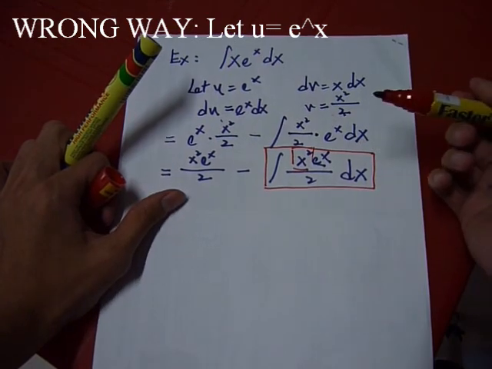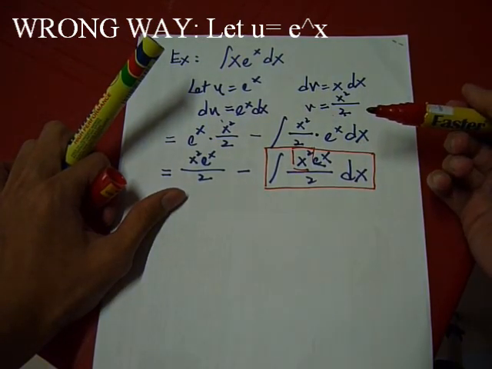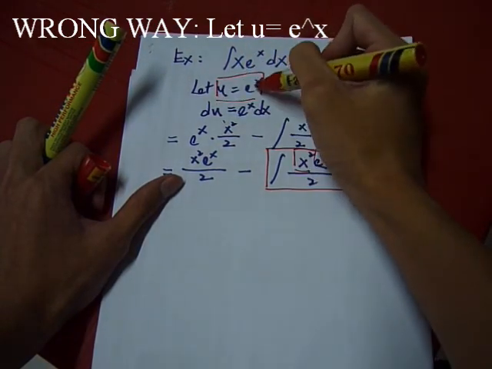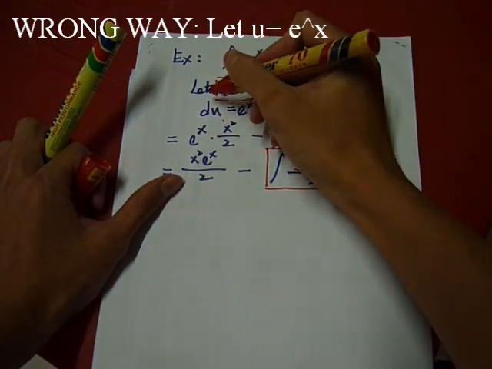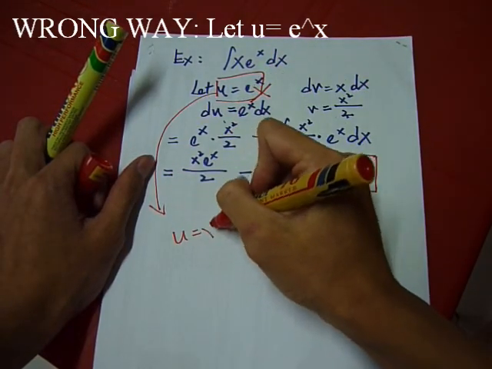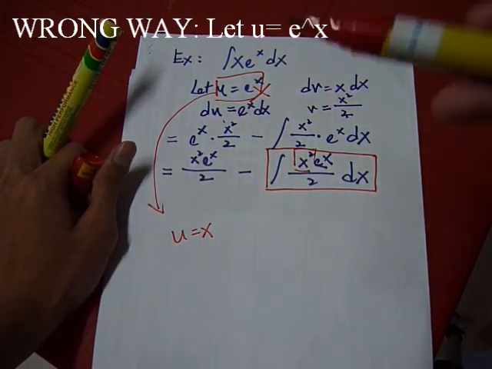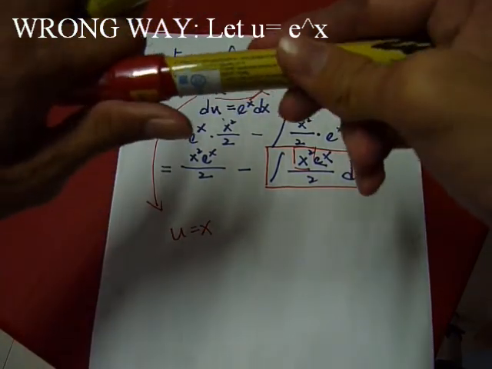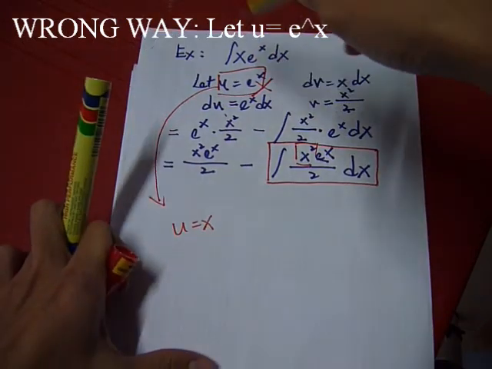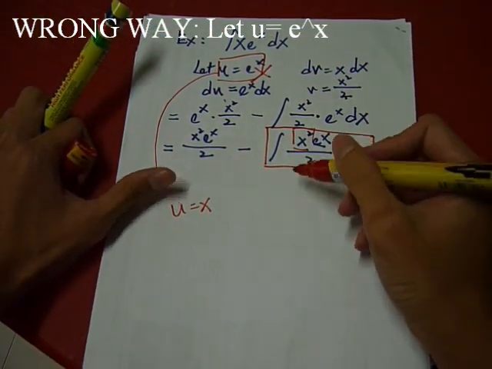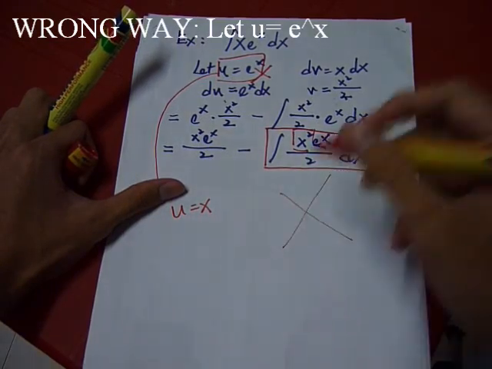So from the rule I've mentioned just now, we should not let u equal e^x, but we should let u equal x, because the power of x will decrease. So doing the integration this way is wrong.